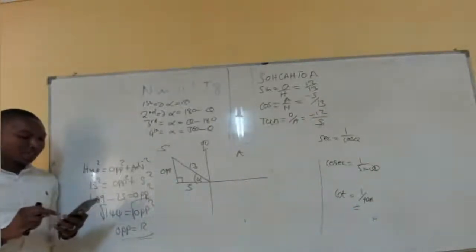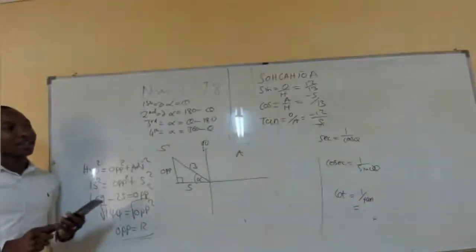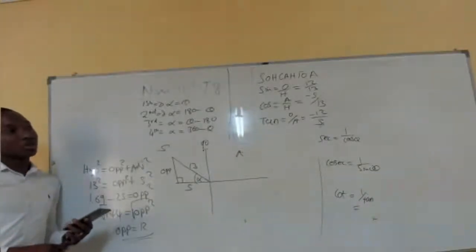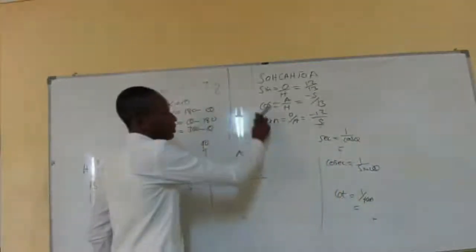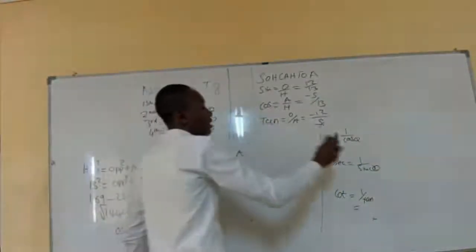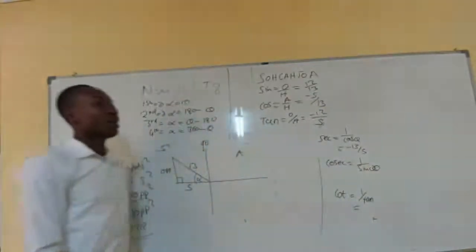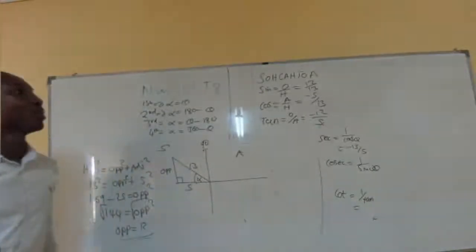The next part is we need to know what sec is. We said sec is 1 over cos theta, so sec is the flip of cos. It's negative 5 over 13, so it becomes negative 13 over 5. What is cosec? Cosec is the flip of sine.